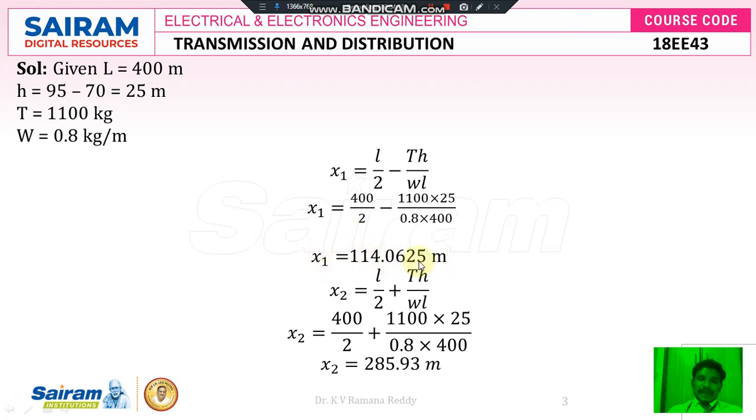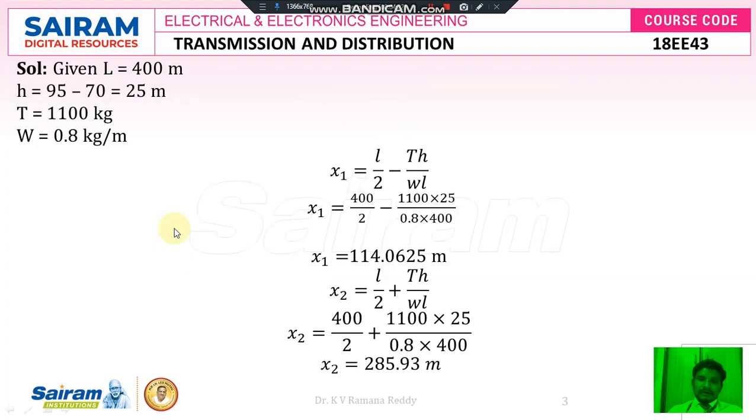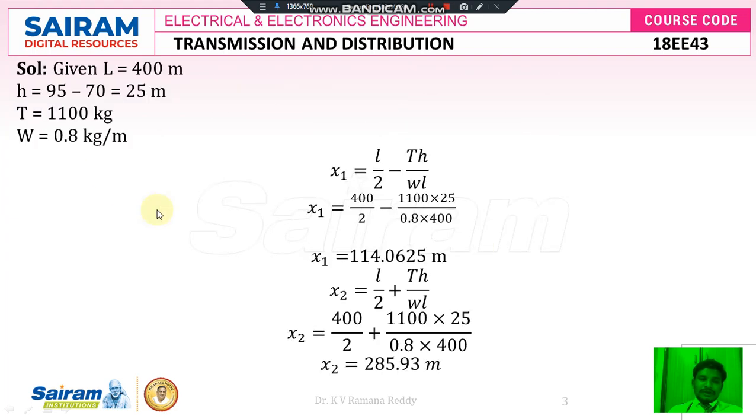X1 is nothing but sag S1. Therefore sag S1 is 114.0625 meters.